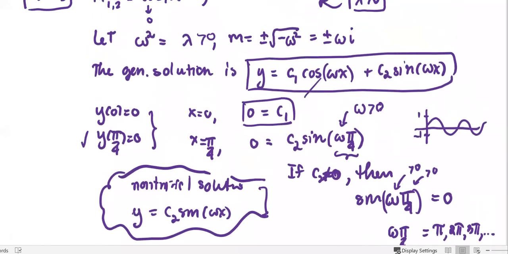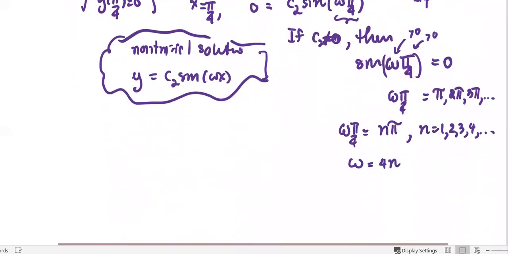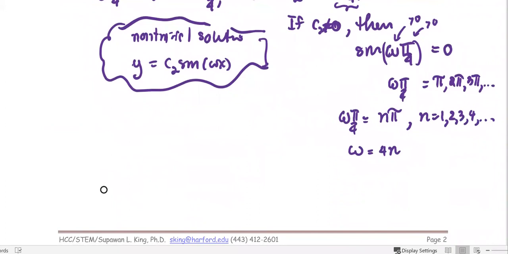Here is the relationship: omega squared is lambda. So we square this, and then lambda, with the subscript n because it depends on the n value, equals 16 n squared, for n equals 1, 2, 3, 4, and so forth.